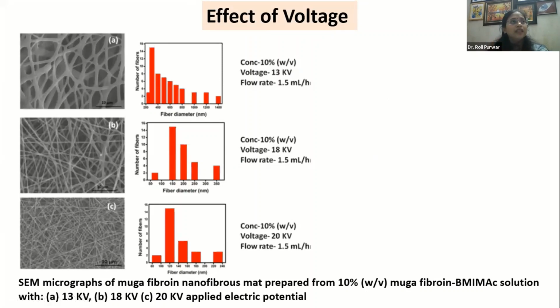So it is a combination effect. Initially, we took concentration as one parameter and fixed it to get some kind of structure, then kept increasing the voltage to get the required or good diameter, where we can use these fibers for some kind of applications.